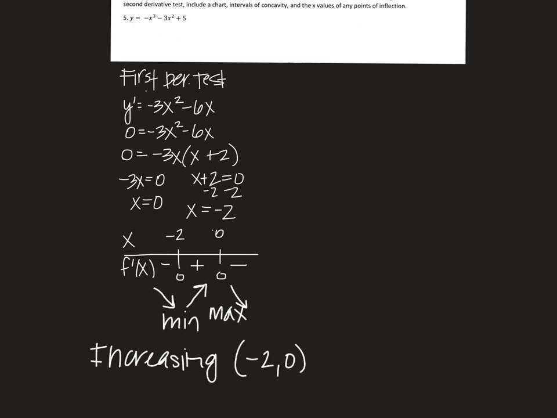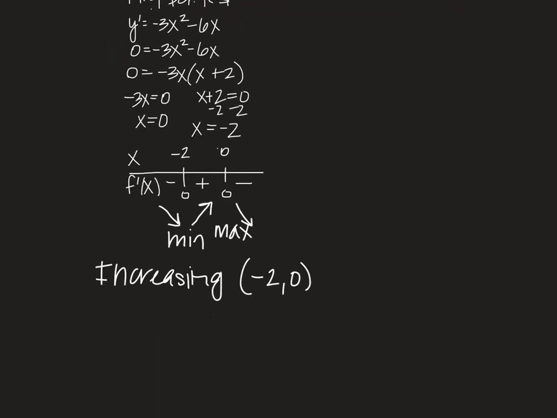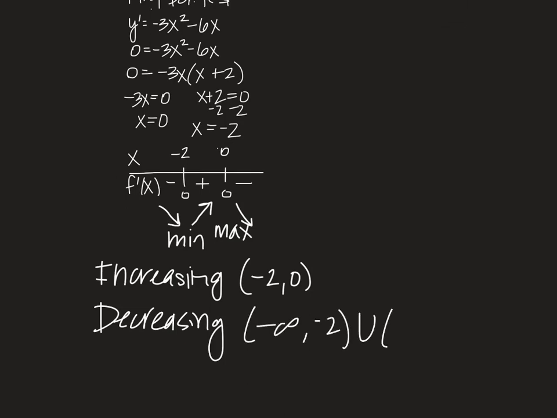I have parentheses because it's not including -2. If it were including -2, I would have brackets. And it's increasing until 0. And then it is decreasing both from -infinity to -2, along with from 0 to infinity.